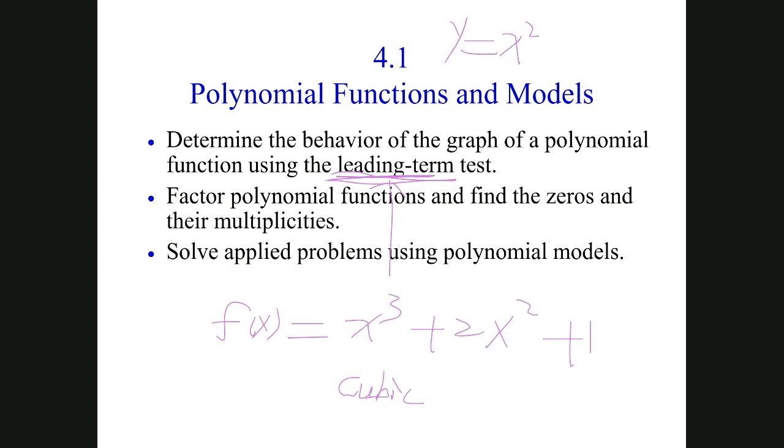The leading term, the highest degree term, is the most important one, because this term determines how the graph is gonna look. If I have x squared, my graph is gonna look like a parabola. That's the quadratic. And if I have a cubic, it's gonna look something like that.